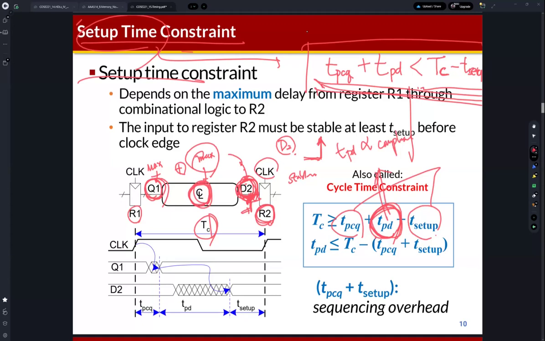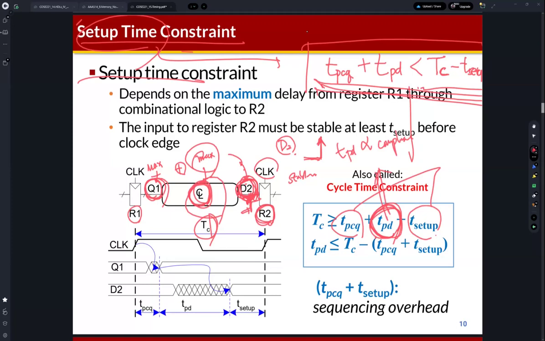It means in order to make the performance of the system high, which means you want to reduce the clock period and increase the clock frequency, this combinational logic needs to be fast.